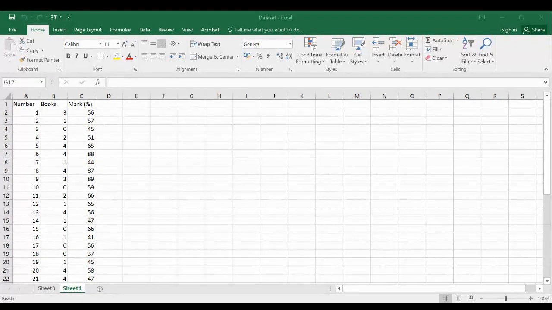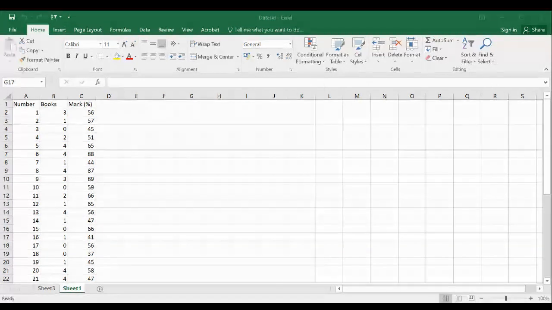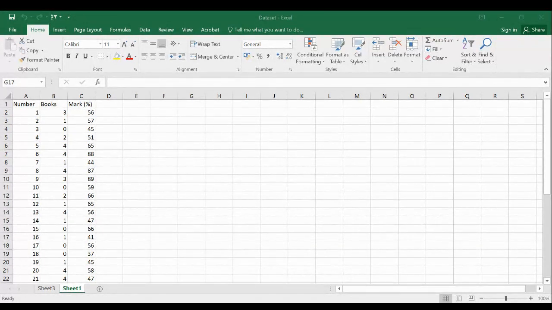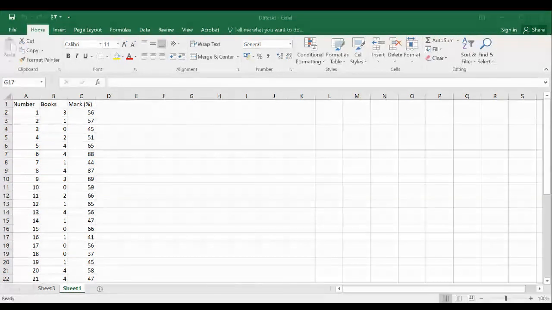So we have the data set. You remember this? I've been giving examples with this since day one. We have the number of books someone used, so we have numbers 1, 2 up to 40. Student 1 used 3 books to prepare for an exam and obtained 56.